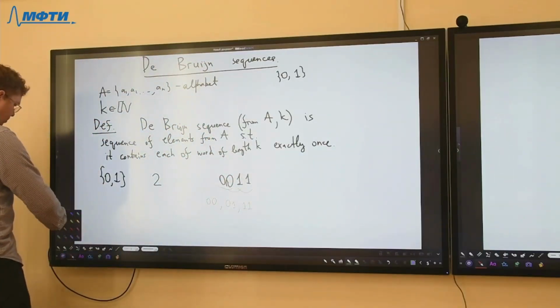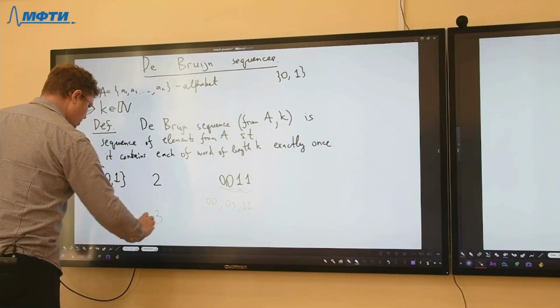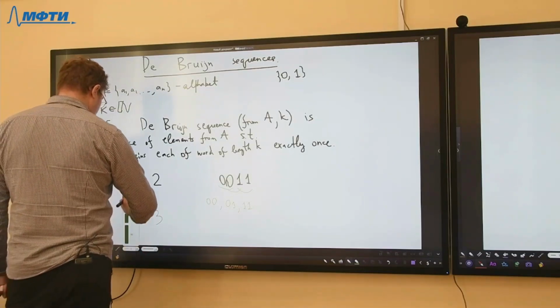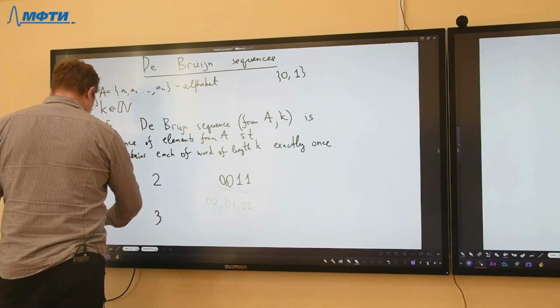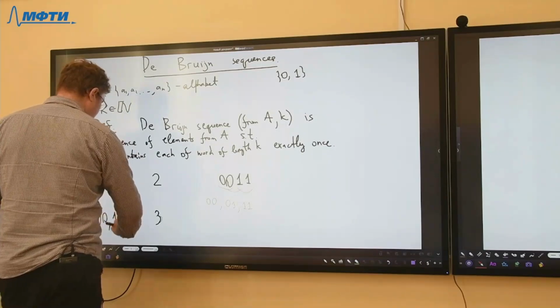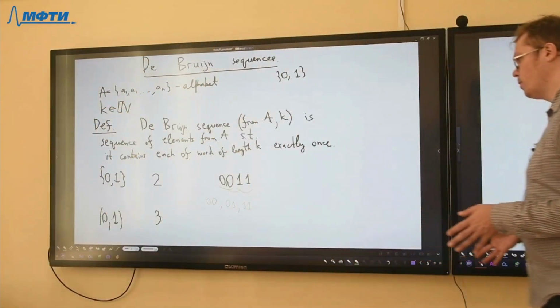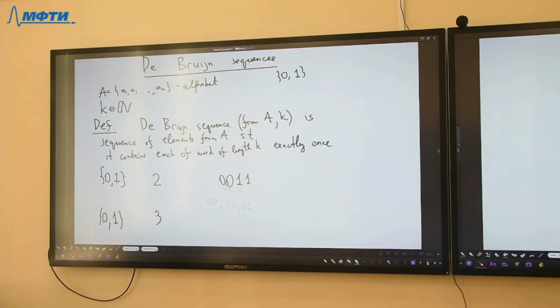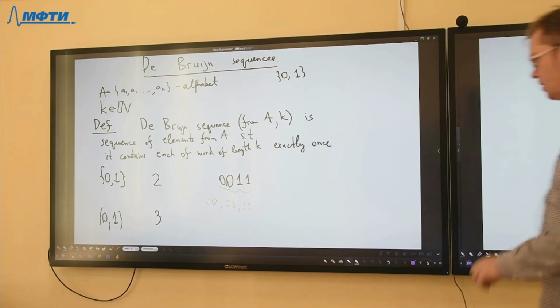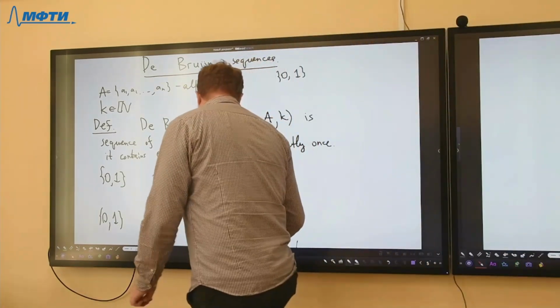And for example, for length 3, if I want a De Bruijn sequence for 3, I will need a sequence whose subwords of length 3 cover all the words of length 3.